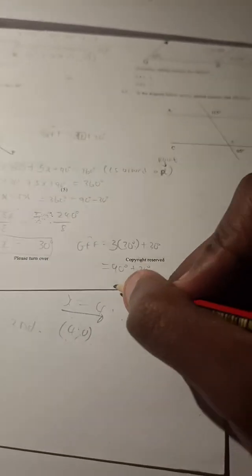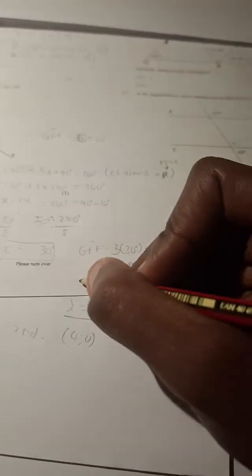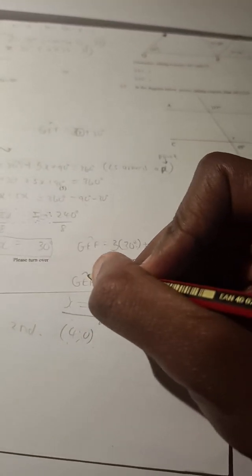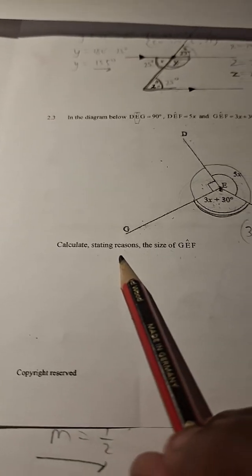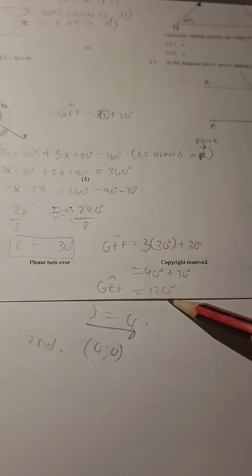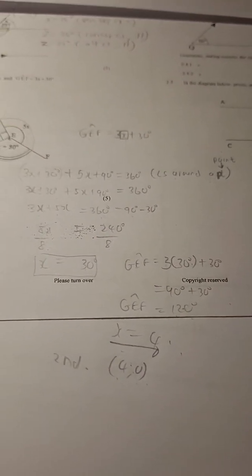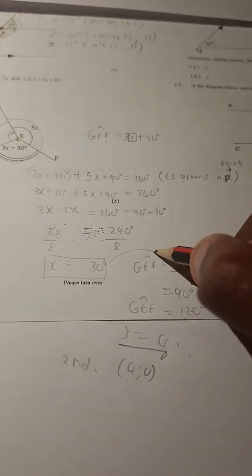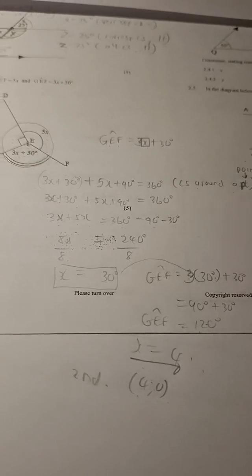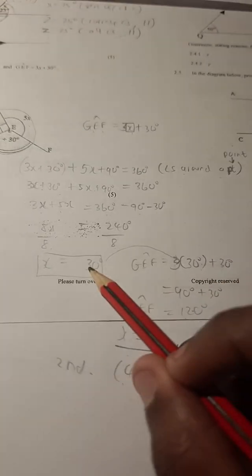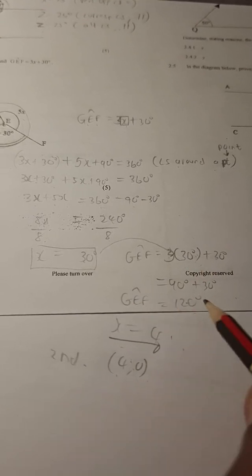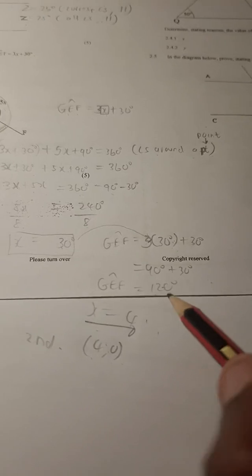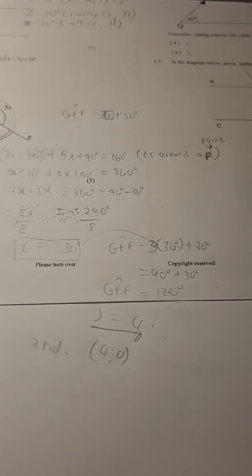What's 90 plus 30? 120. What's angle GEF? 120 degrees. What was the question? Calculate the size of angle GEF. It's 120. We needed x to be able to substitute the x value, which is 30 degrees, and then find the actual size of angle GEF, which is 120 degrees.